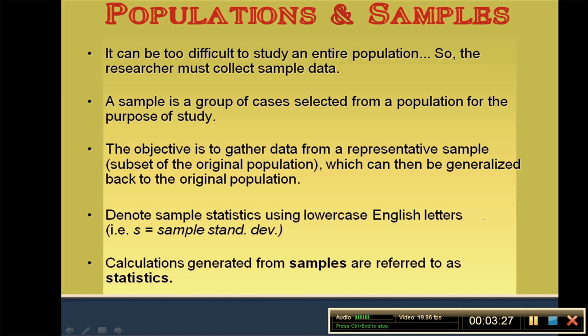Then you would want your sample to have twice as many girls as boys. We'll talk more about that later. In other words, we want our sample to represent the population in such a way that our results can be generalized back to the original population, and we could confidently make inferences about the population based on our sample calculations.